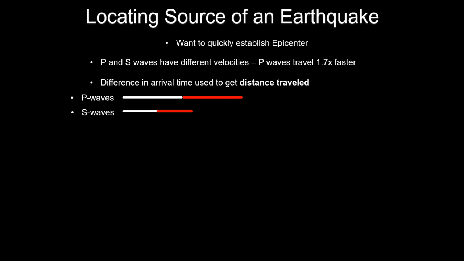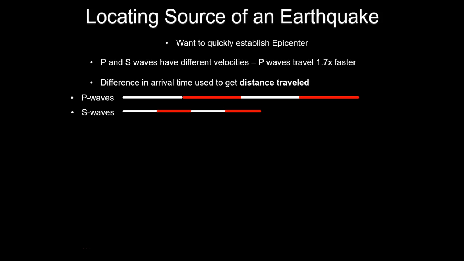So in the time it takes an S wave to cover those 10 miles, in that minute, the P wave is covering 17 miles. So, therefore, the longer the interval between the arrival of the first P wave and the arrival of the first S wave, then the greater the distance to the epicenter from that seismograph.